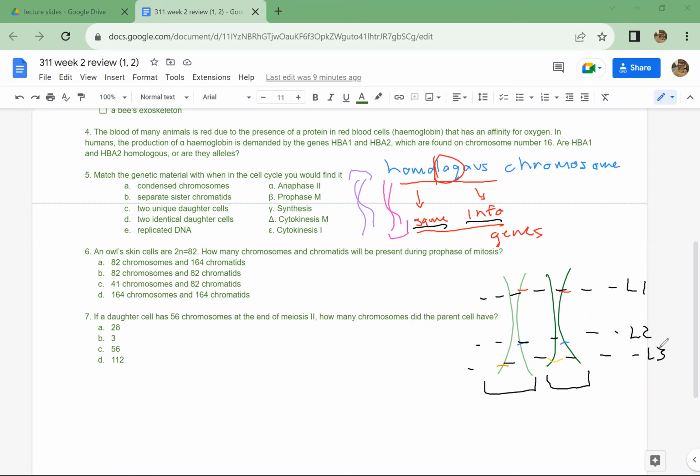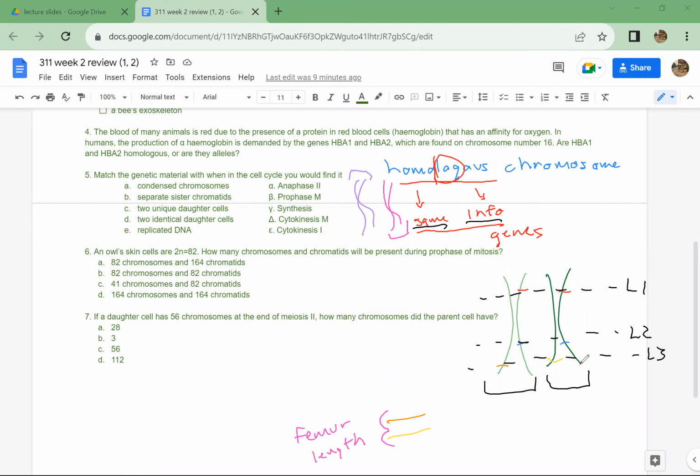But what we see at locus 3, let's imagine that orange and yellow represent the same gene. Let's say it's the length of your femur, the big bone in your thigh. These both represent the gene that codes for the length of your femur.